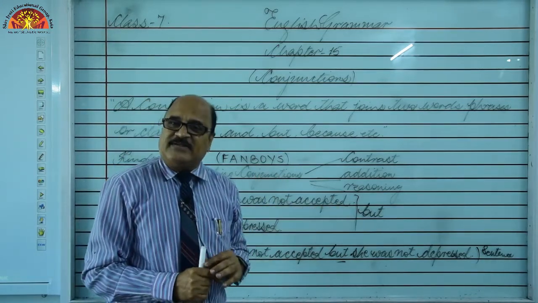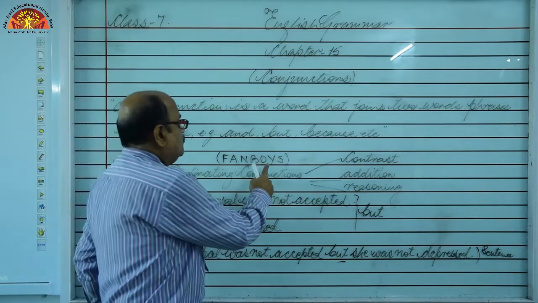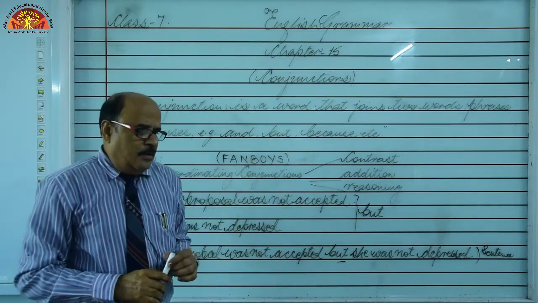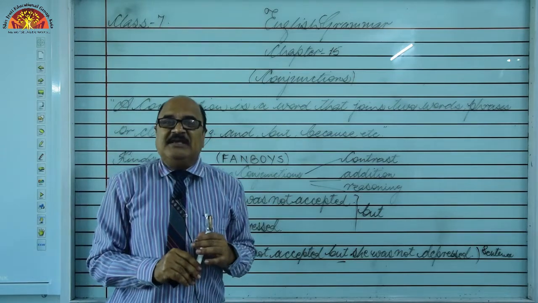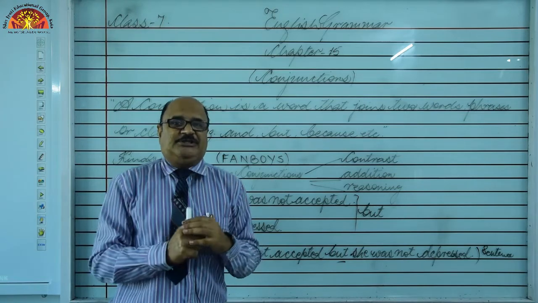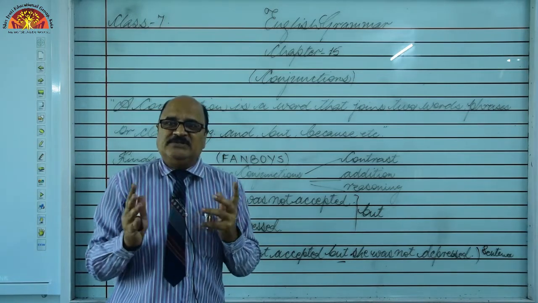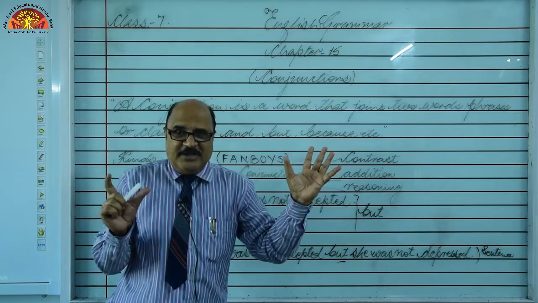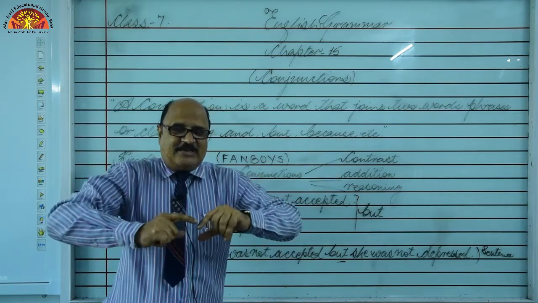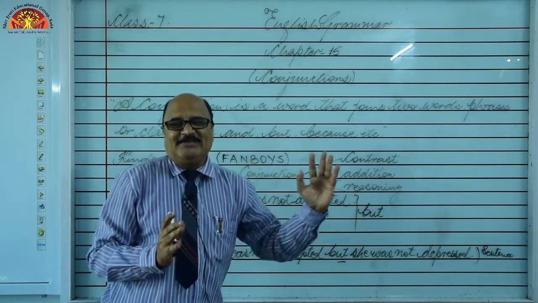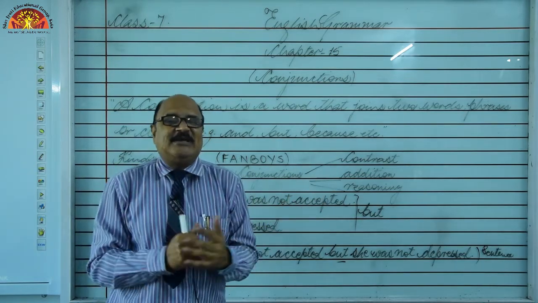We can take the example of yet also, you can see, but we have explained yet. He is rich, he is not proud. They both are different. He is rich, he is not proud. Let us connect them. So, what to say? He is rich, yet he is not proud. So, this is a sentence.